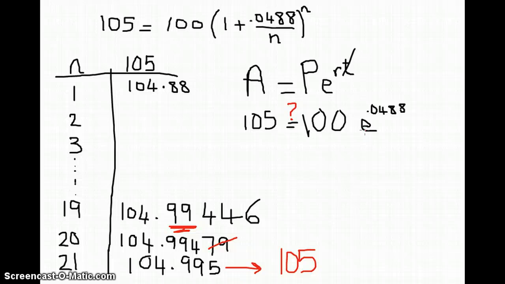Now, question C, we're assuming the bank is giving exactly 5%, no rounding. How many times is that account compounded? So now, in that case, we need to work it out. Because if the bank is giving 5%, so instead of 0.0488, I'm doing question C, they're saying it's going to give 0.05 exactly.